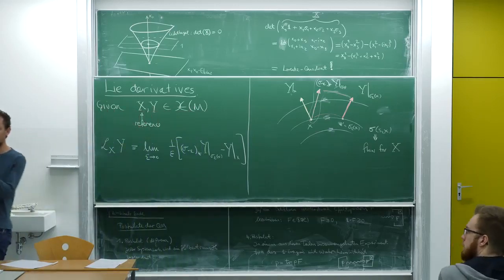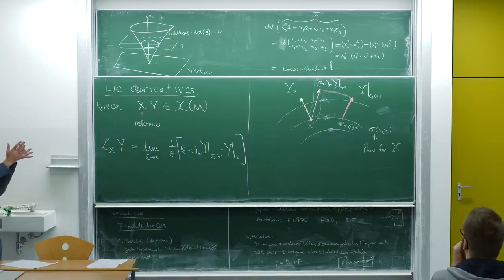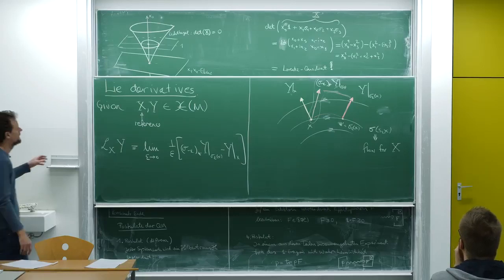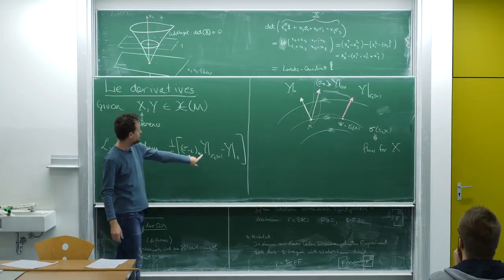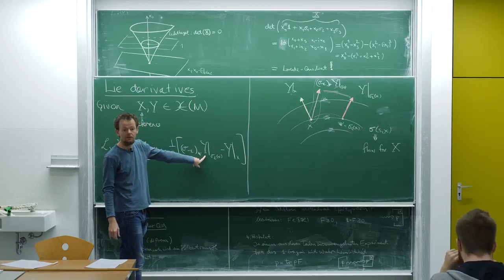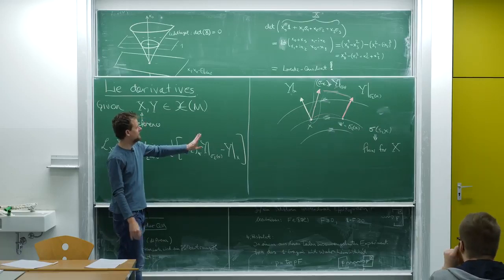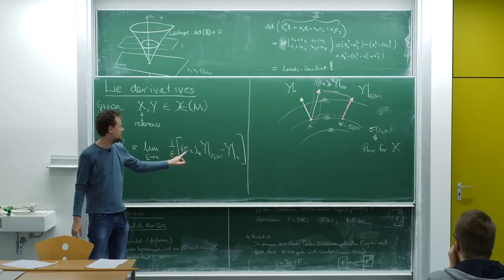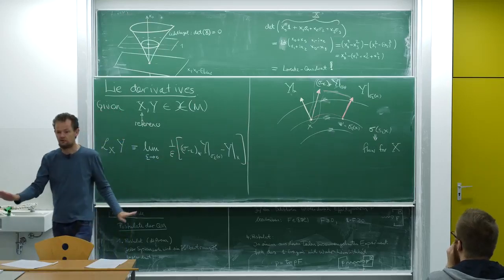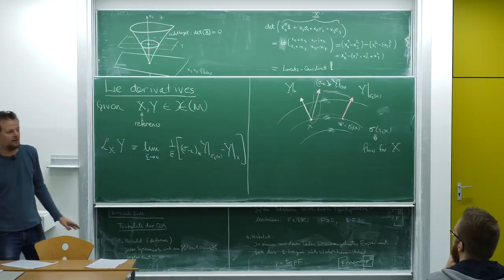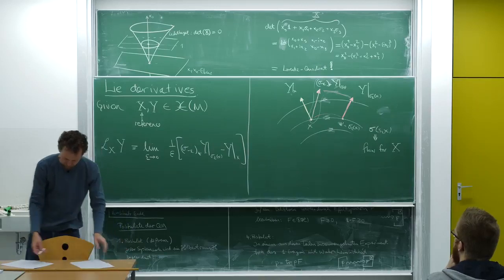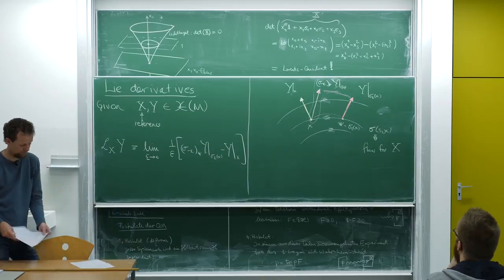Now we have two vectors at the same point on the manifold. We're entitled to take their difference, which is exactly what we do here. And then we're also entitled to let epsilon go to 0 and then divide by epsilon. Everything is good. We have ourselves a well-defined operation, which we're calling the Lie derivative.